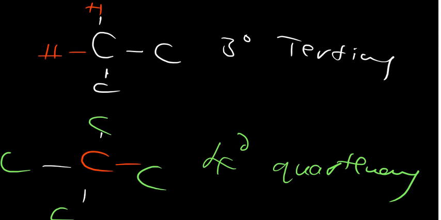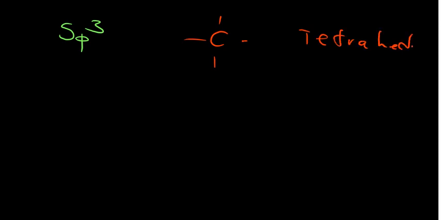So now, these types of hybridization that I talked about also have shapes, for your information. For sp3, that is tetrahedral, because you have 4 connections. Then for sp2, 3 different connections, it's what?